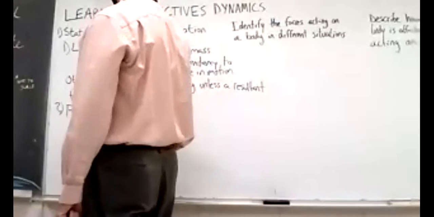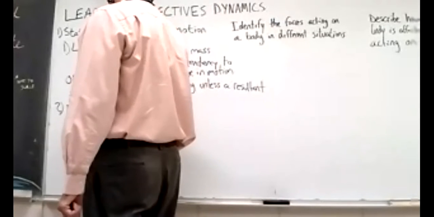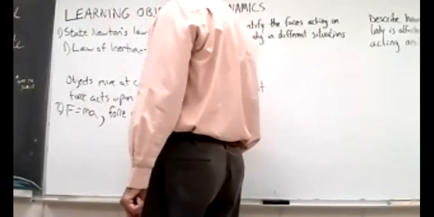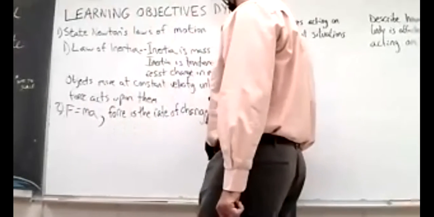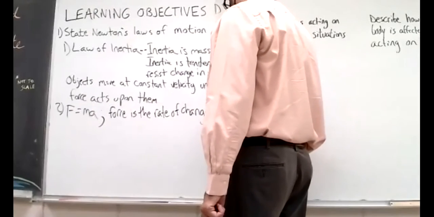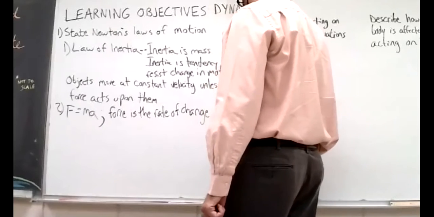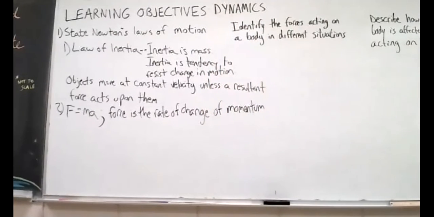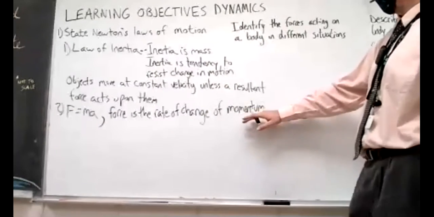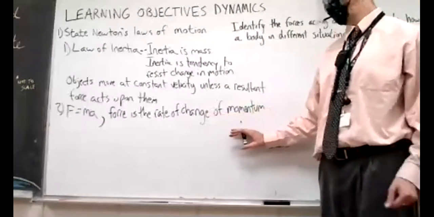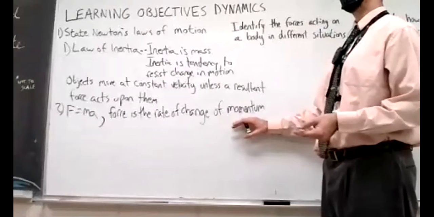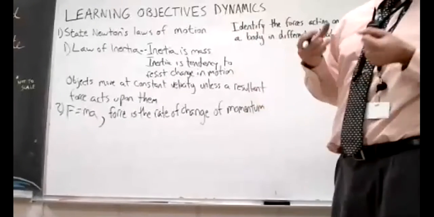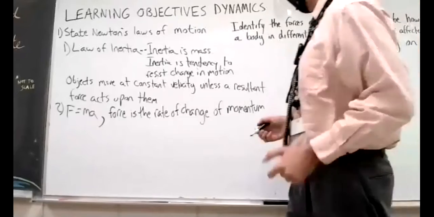And the better way to think about that is force is the rate of change of momentum. Remember? Good. Force is the rate of change of momentum. We'll talk about that. We kind of revisit these when we study momentum, and we'll review that in its own right on Tuesday.